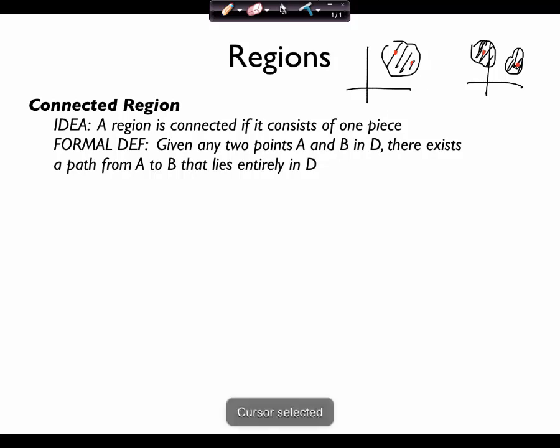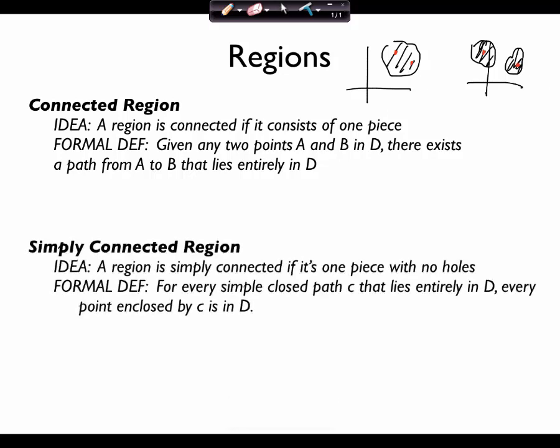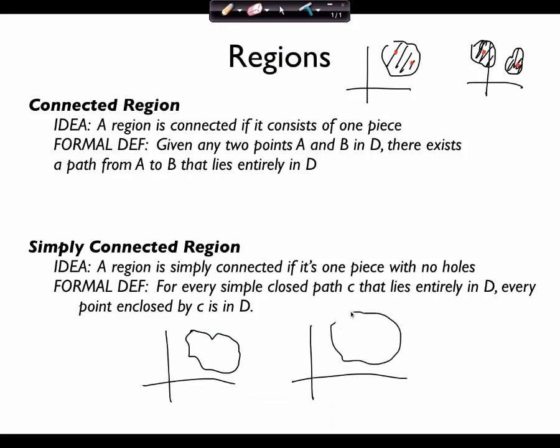Next, simply connected. The idea of a simply connected region is that it's connected, first of all, one piece, and has no holes in it. So this would be simply connected. Non-simply connected means you have at least one hole in it, like this.